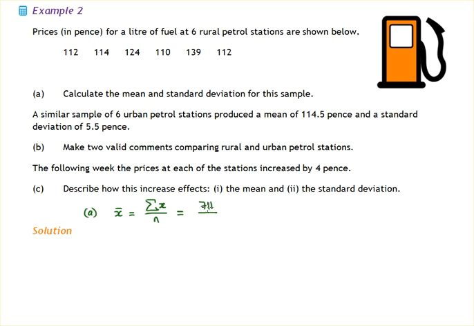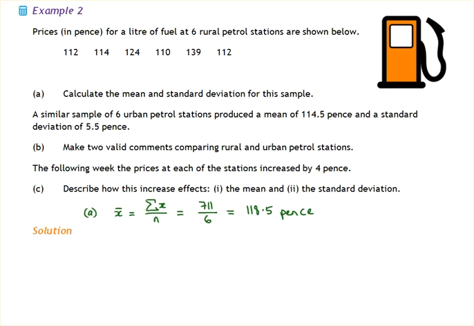Of course, good to write that because we're going to use sigma x, this 711, later on, and divided by 6 in this case for 6 petrol stations gives us a mean of 118.5, and that's measured in pence, just as the original data was. So on average you can say that the rural petrol stations charge 118.5 pence for a litre of fuel.